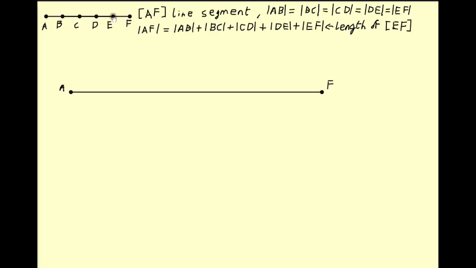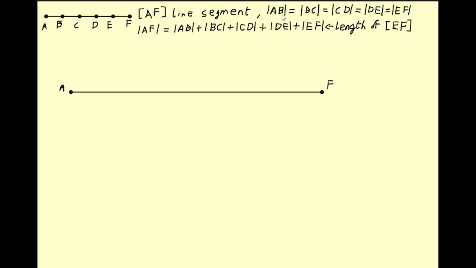All of the distances between those points are equal. They're equal pieces of the line from A to F, equal line segments in their own right. The vertical lines on either side of the letters mean the distance from, our square brackets mean line segment, and the vertical lines mean the distance between the points.